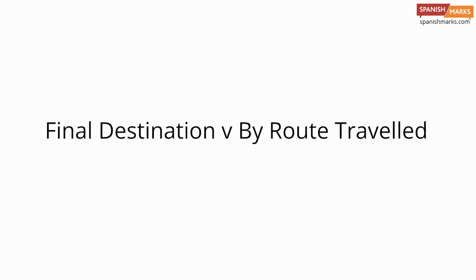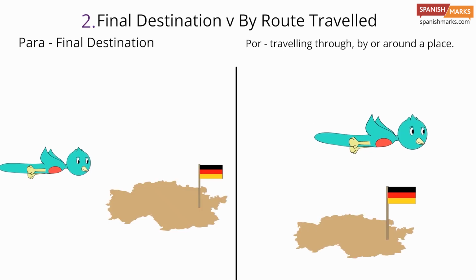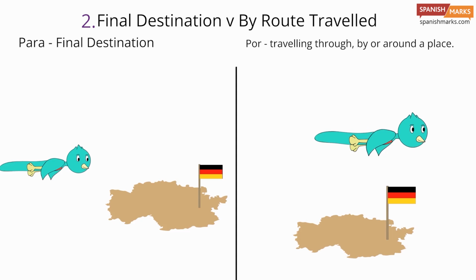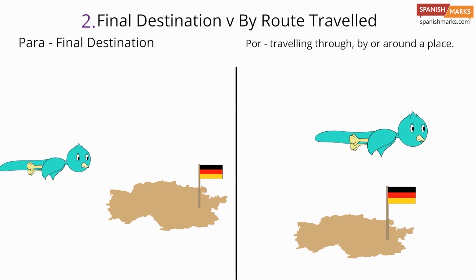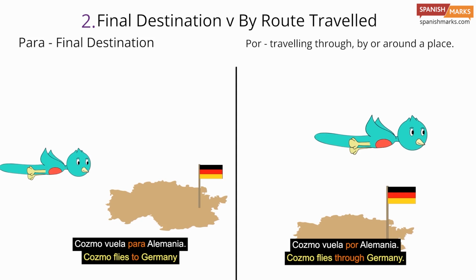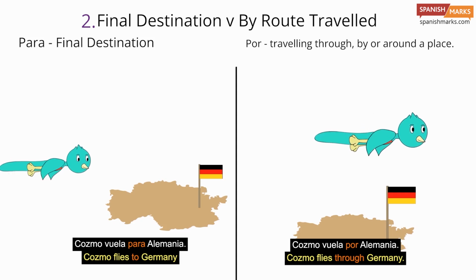Number 2. Final destination versus route traveled. Para is used to travel to a place. It is the final destination. Cosmo vuela para Alemania. Cosmo flies to Germany.